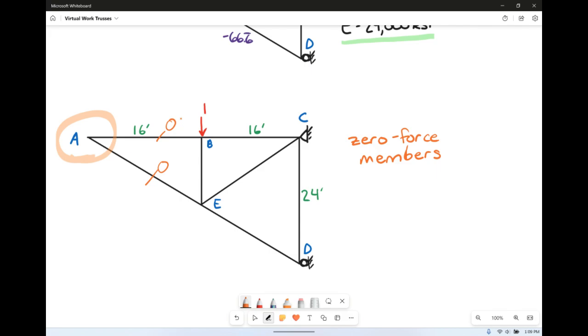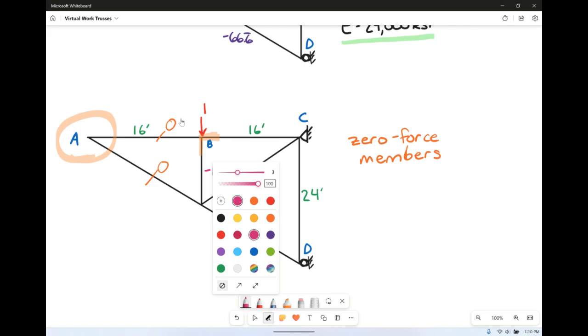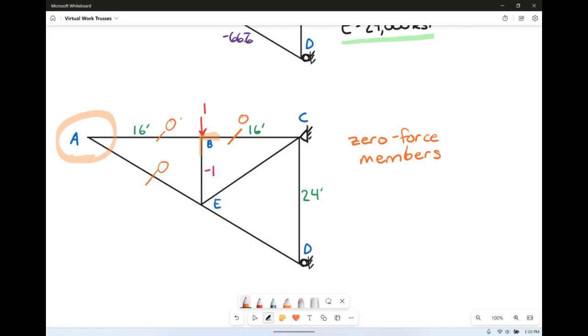Then if we scoot our way over to B now, knowing that AB doesn't exist, you have 2 members. We have BE and we have BC, but we do have an external load. So BE, if we sum the forces vertically, is going to be 1 in compression, and BC, if we sum the forces horizontally, is 0. So it's always good to start off by finding our zero force members first.